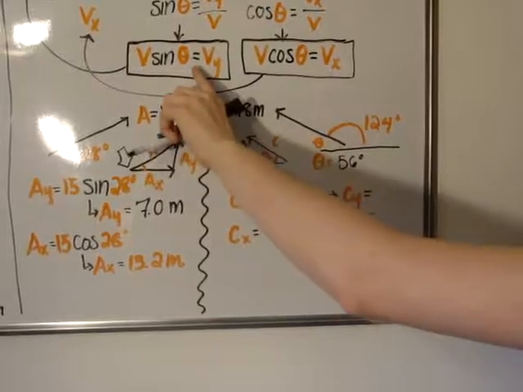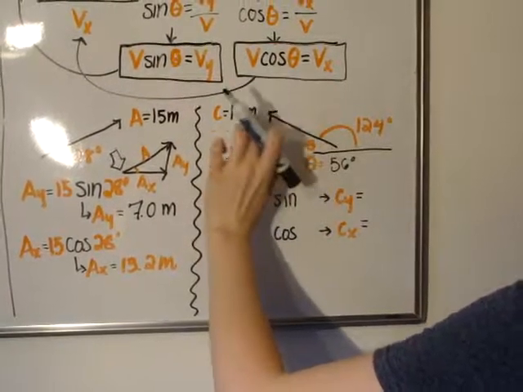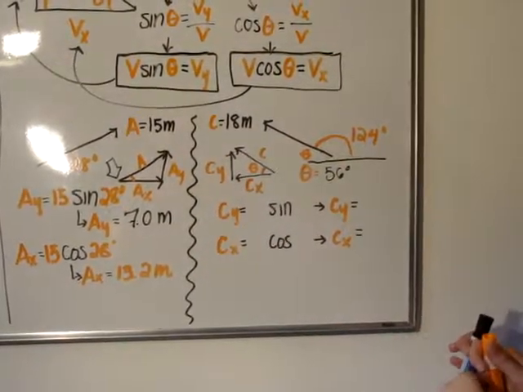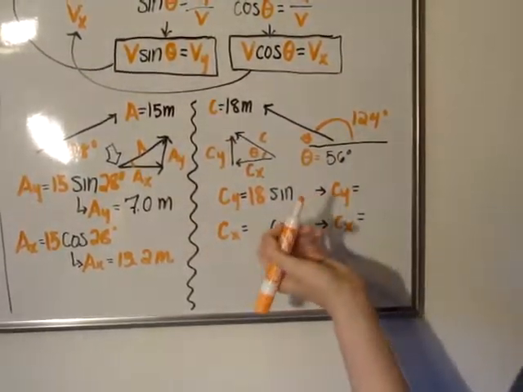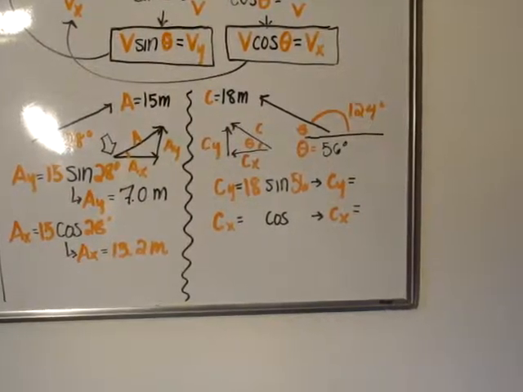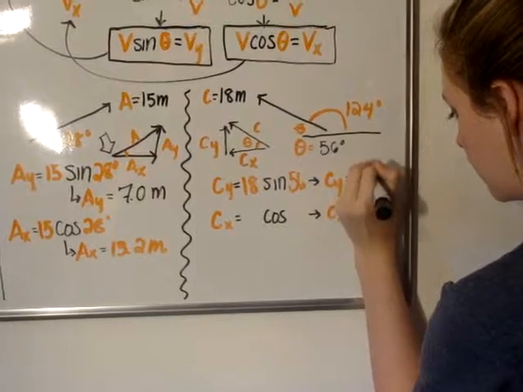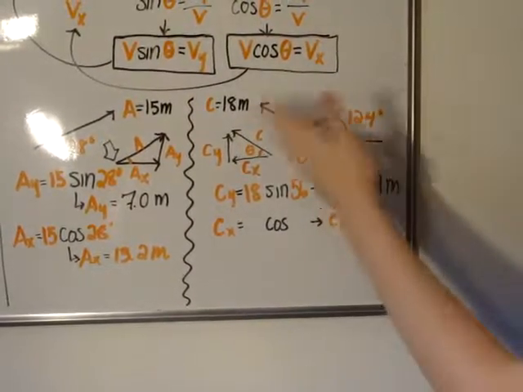Once again, referencing the equations from up here, c sub y, or this aspect of it, is going to be the value of c, so 18 meters, as we can see up here, times the sine of the angle, 56, which is going to give me 14.9 meters. And that's going to be the length of my y component.